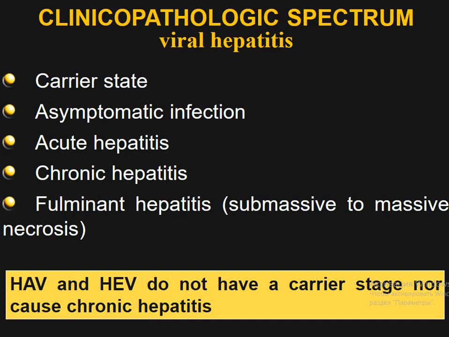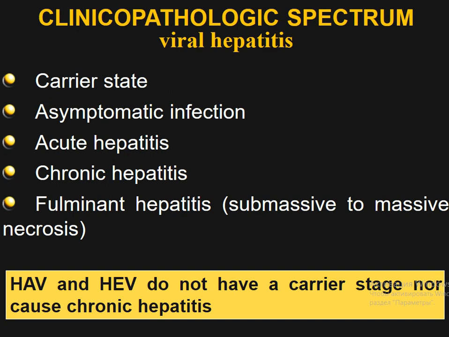Chronic hepatitis is defined as continuing or relapsing hepatic disease for more than 6 months with symptoms along with biochemical, serologic and histopathologic evidence of inflammation and necrosis.